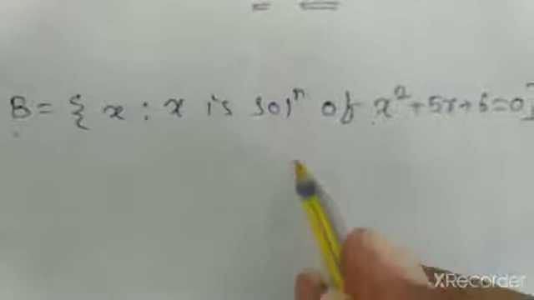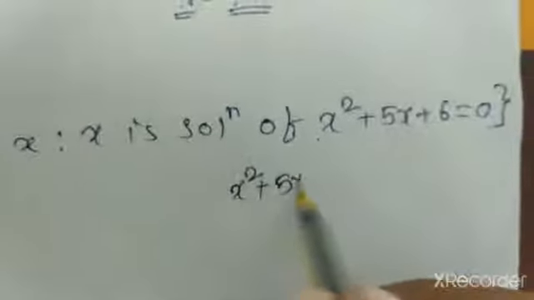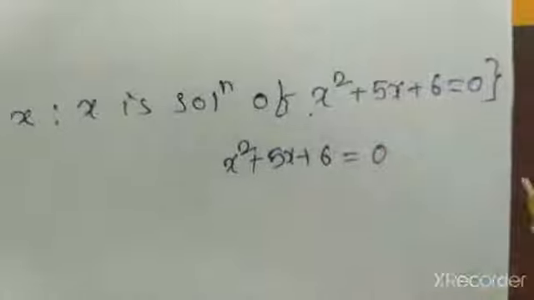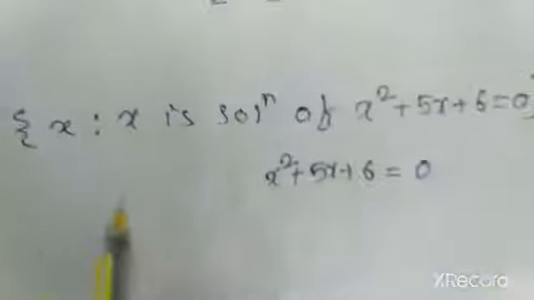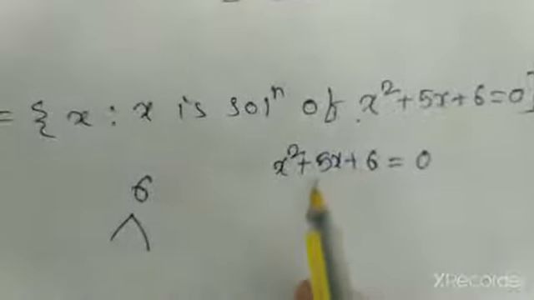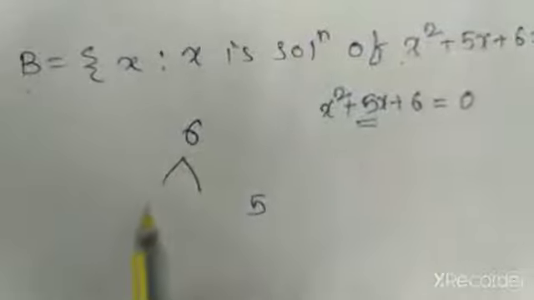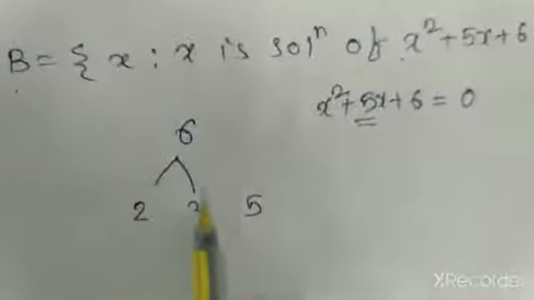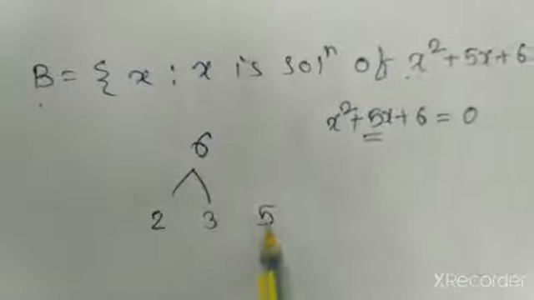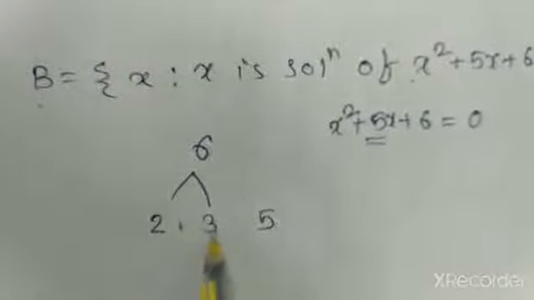x² + 5x + 6 = 0 is a quadratic equation. Now find factors of 6 which give a sum of 5. The factors of 6 are 2 and 3, whose product is 6, and their sum is 2 + 3 = 5.